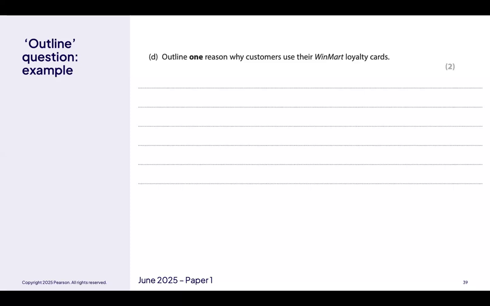But the difference this time is that student responses must be in that business context. Now, this might seem a simple question, but statistically, once we start introducing context into question types, students perform less well.